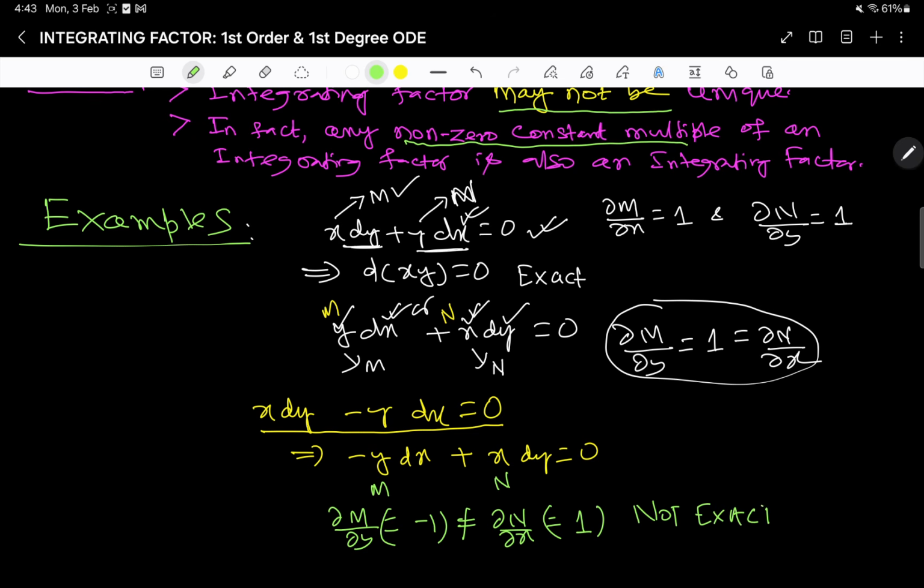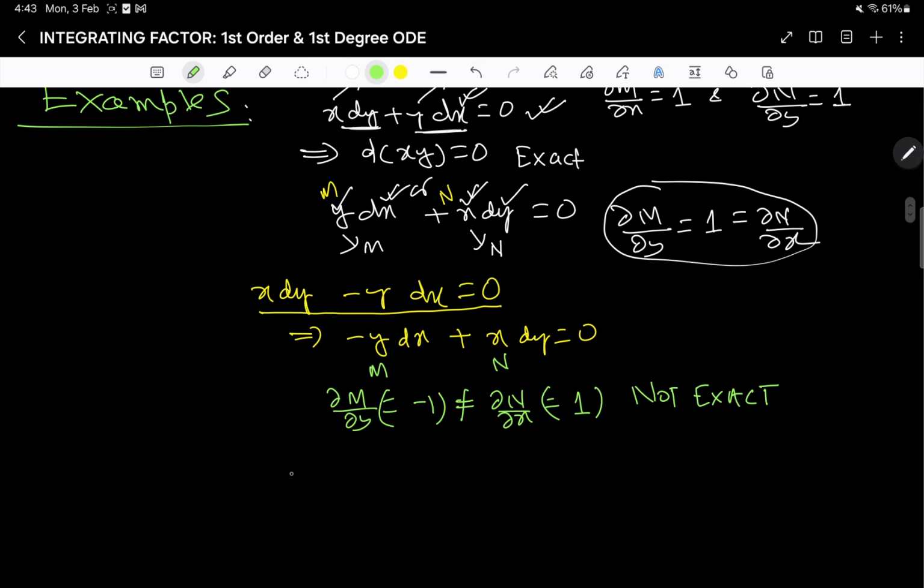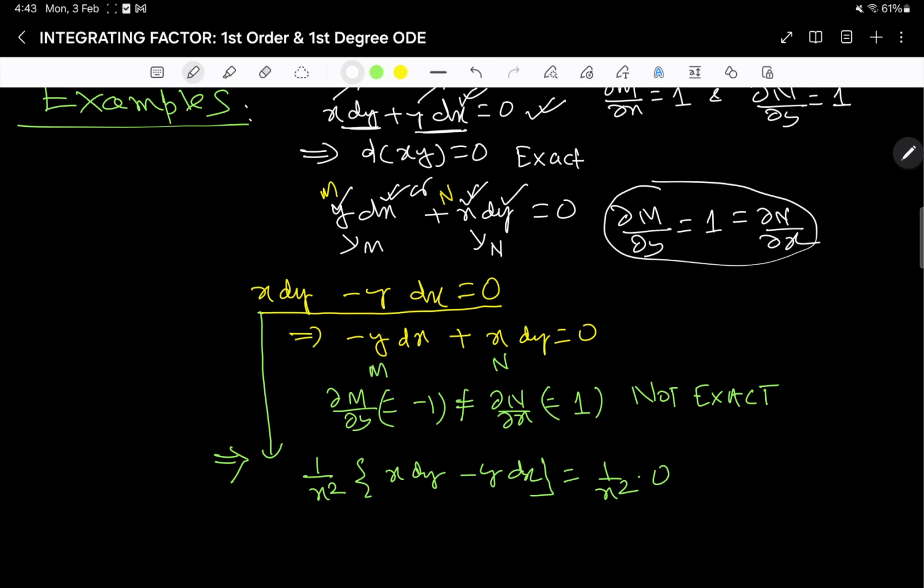Now once it is not exact, by inspection we can see, if I multiply 1 by x square to both sides, we get (x dy minus y dx) by x square is equal to 1 by x square into 0. So this 1 by x square here is an integrating factor.